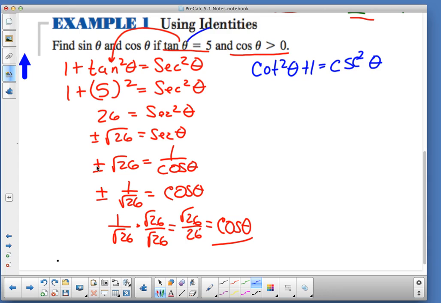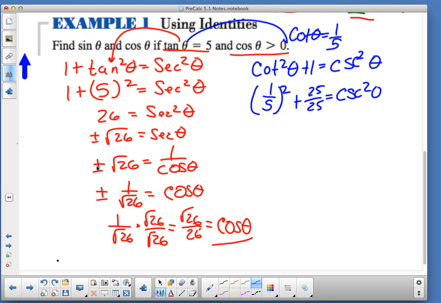So if tangent theta is 5, cotangent theta must be 1/5. So I put in 1/5, square it, and now I'm going to have 1/25 plus 25/25, and I'm sitting at 26/25, and this is all equal to cosecant squared theta.